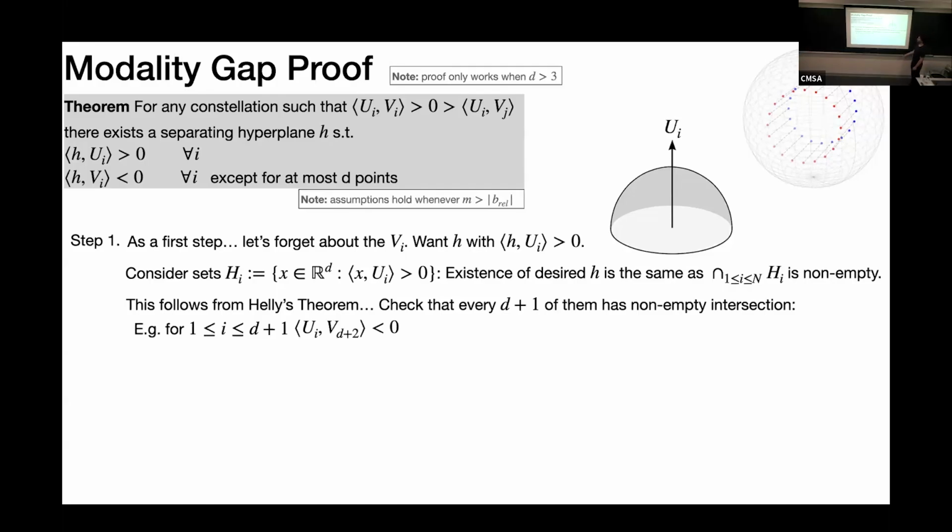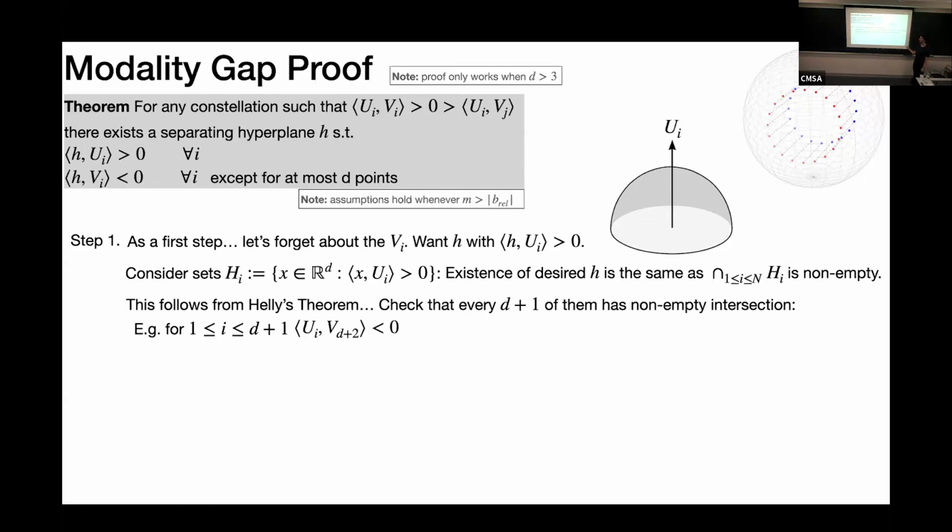Okay, now how do we check that d plus one of them have non-empty intersection? Well, if you just care about the first d plus 1, U1 through U(d+1), then V(d+2), or any other V, has a negative inner product with them. That's our assumption here, right? It's a mismatched pair, so it has a negative inner product. That's good enough. That tells us that they have a non-empty intersection.